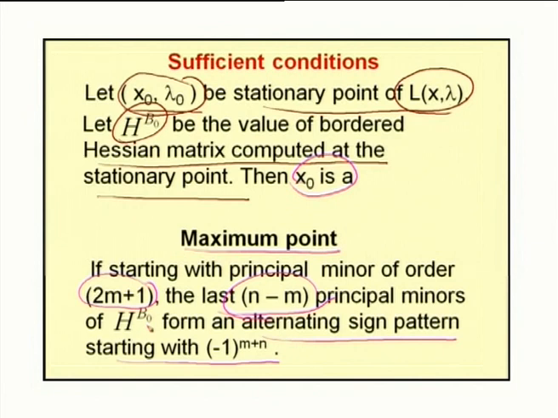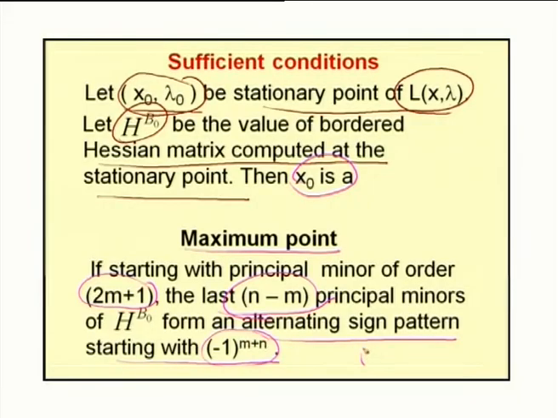The first principal minor should have the sign of (-1)^(m+1). For example, if our NLPP has 3 decision variables and 2 constraints, then the first principal minor of the border Hessian matrix should have the sign of (-1)^(3+2), which is (-1)^5, that is minus 1. So, the first principal minor should start with the negative sign, then the next principal minor should have a positive sign, in such a way that plus and minus come alternately.